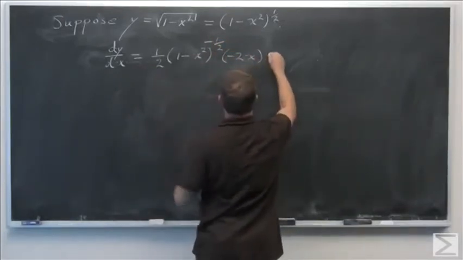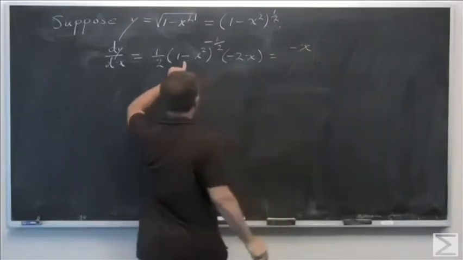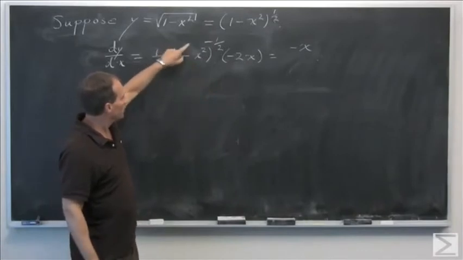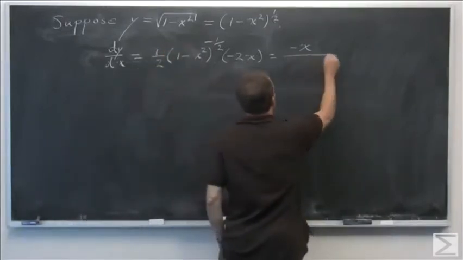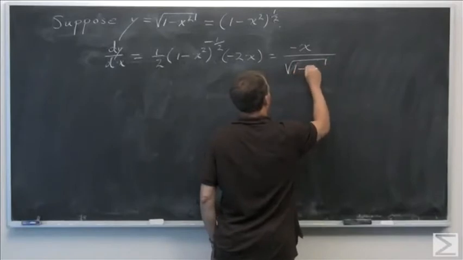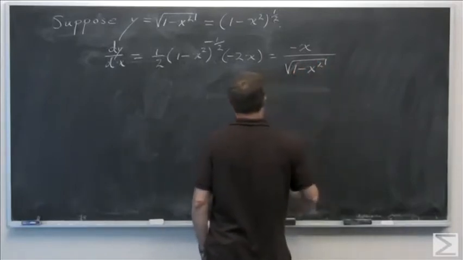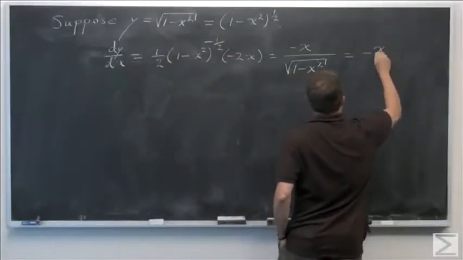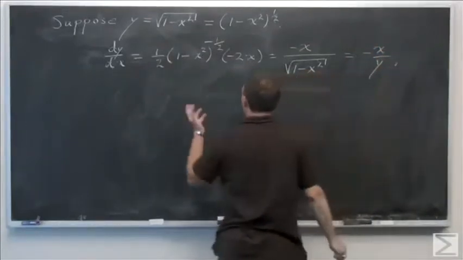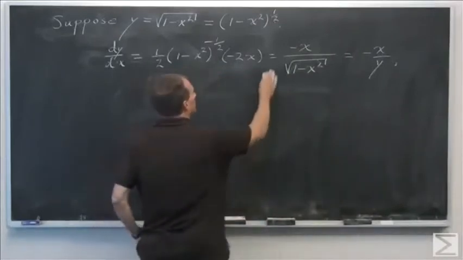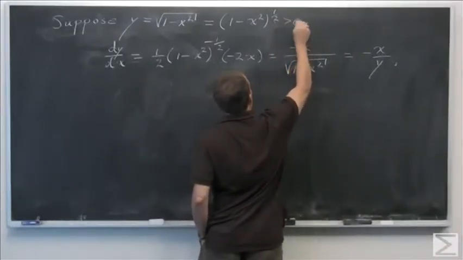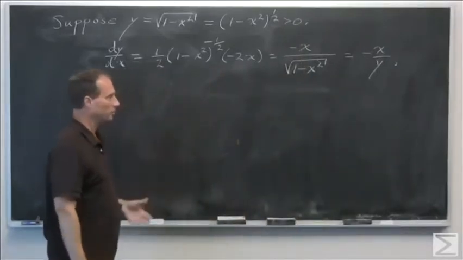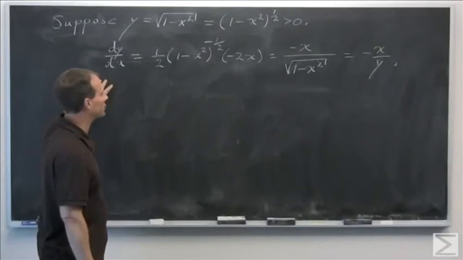The 2's cancel. You're left with minus x, and then 1 minus x squared to the minus 1/2 is 1 over 1 minus x squared to the positive 1/2, which is 1 over the square root of 1 minus x squared. And if you want, that denominator is exactly the function we started with. We get minus x over y. Well, of course, you can't have y be 0 here, so we need for this to be strictly positive, which means we're not at one of the blue points I indicated on the x-axis.